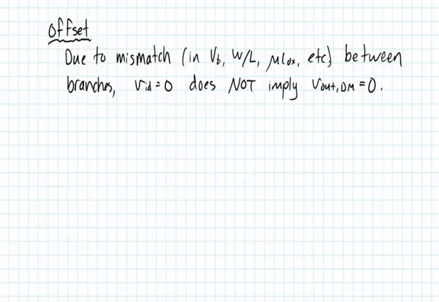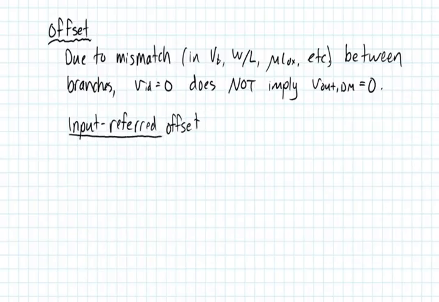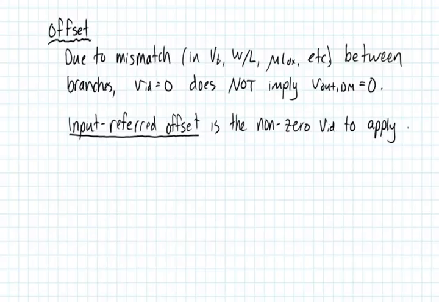Now, typically when we talk about offset, we like to talk about what we call input referred offset, which we define as the non-zero VID that we need to apply that makes V out dm equal to 0.